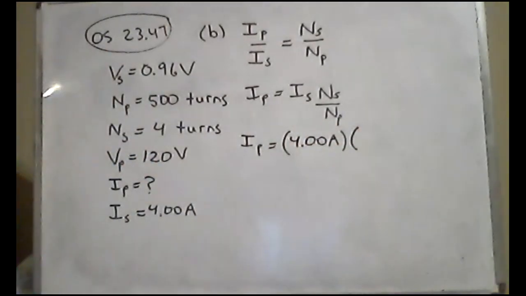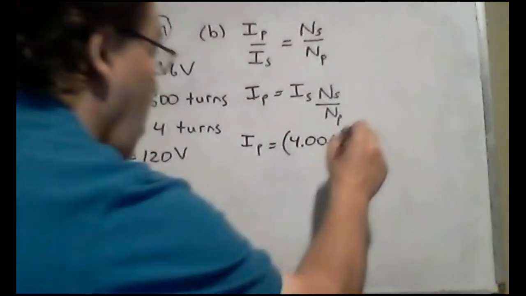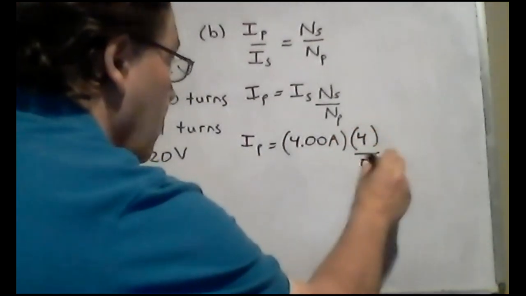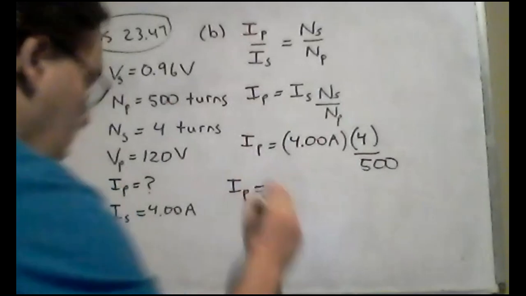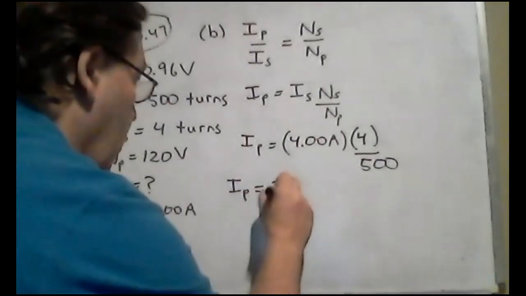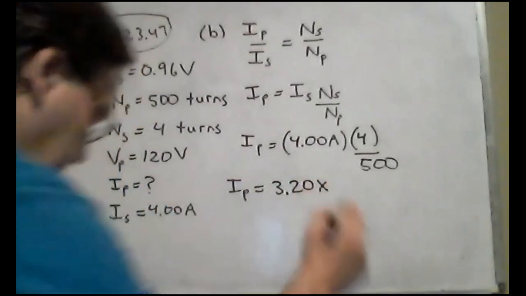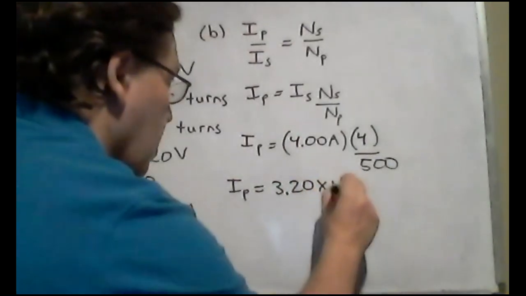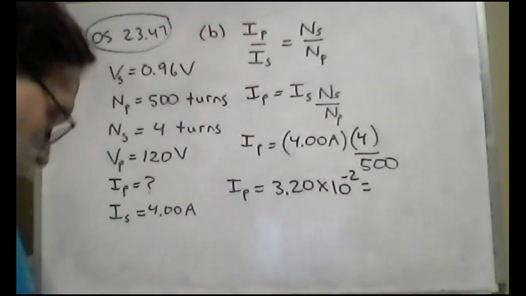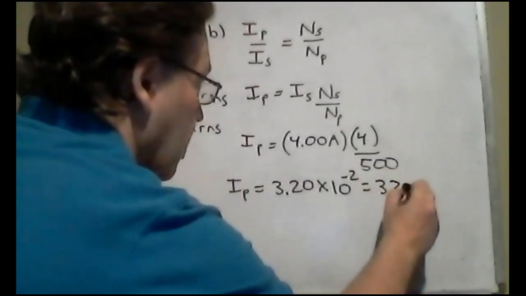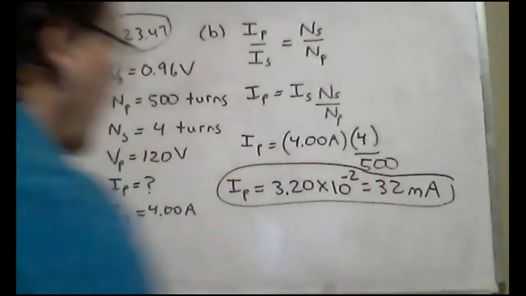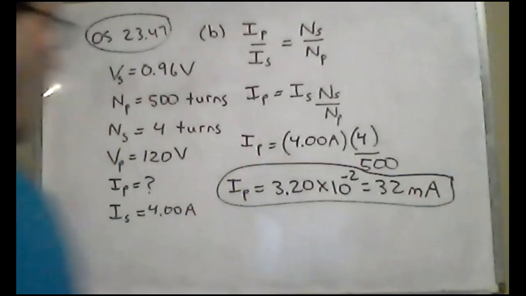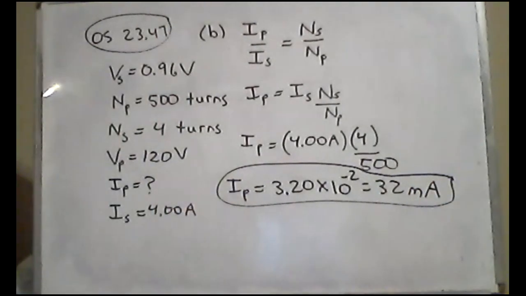N sub S is small, 4 over 500 for N sub P. So I sub P, as I predicted, is a small current, 3.20 times 10 to the negative 2 amperes, or we can write that as 32 milliamperes. That's the current at the primary coming out of the wall, the draw out of the wall.